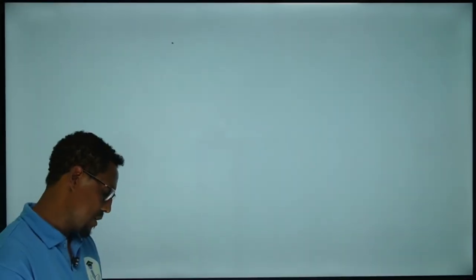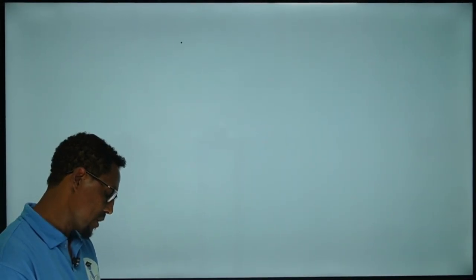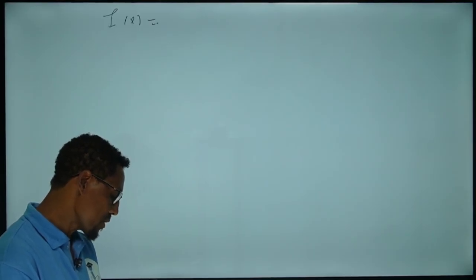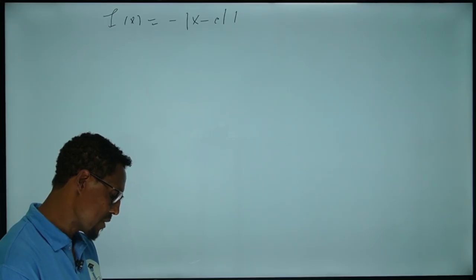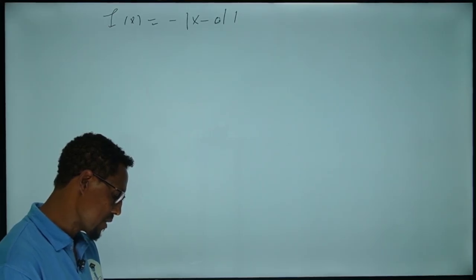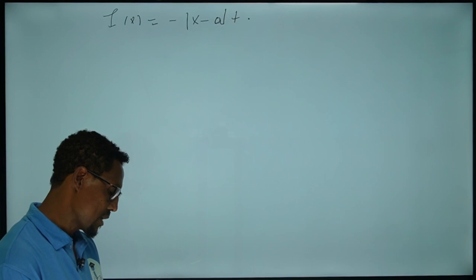If it is downward, f of x is equal to minus of the absolute value of x minus a, plus b.